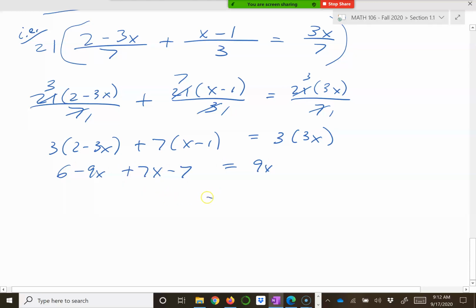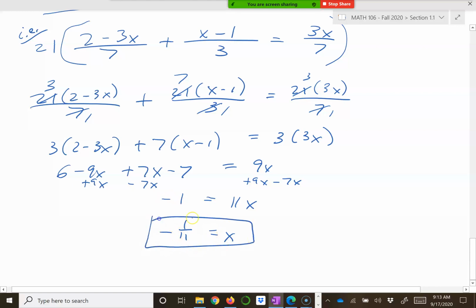That means I'm going to add 9x to get rid of this one, and subtract 7x. So that's plus 9x minus 7x. What we're going to have on the right-hand side is 18 minus 7, so 11x. And the integers left on the left side, it's just 6 minus 7, so negative 1. So then x is negative 1 over 11.